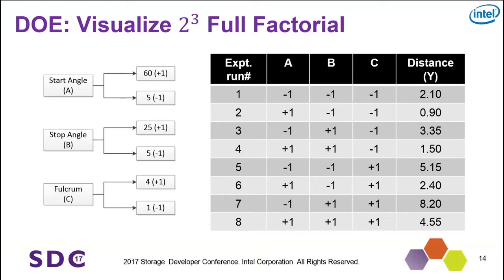On the right-hand side of the table are the combinations of runs. 2 to the power of 3 is 8 runs. That is a full factorial. We're going to test all main effects, 2-factor interactions and 3-factor interactions. In trial one, we have factor A at the minimum value, B as well, and C. Then you do the measurement.